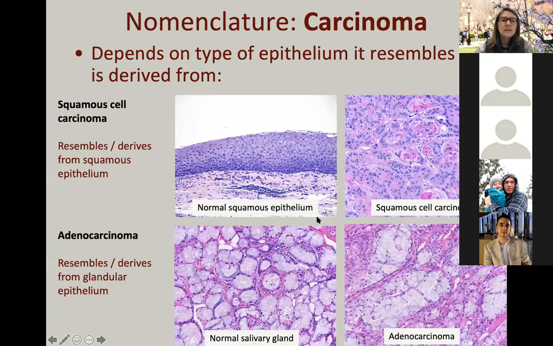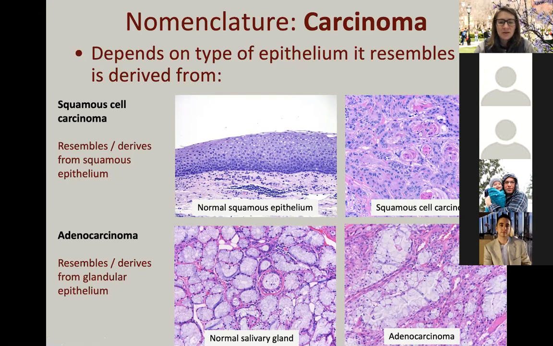Okay, so moving on. Within the carcinomas, these tumors are named based on the epithelium they either resemble or are derived from. So squamous cell carcinoma generally resembles and in fact is derived from squamous epithelium. Adenocarcinoma resembles and is derived from glandular epithelium. It could be salivary gland, prostate gland, breast gland, pancreas gland.